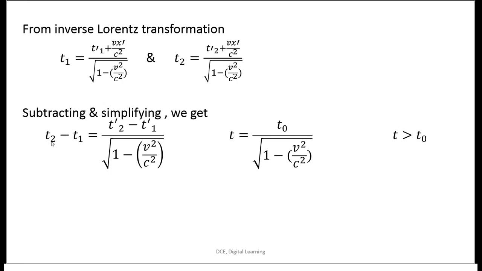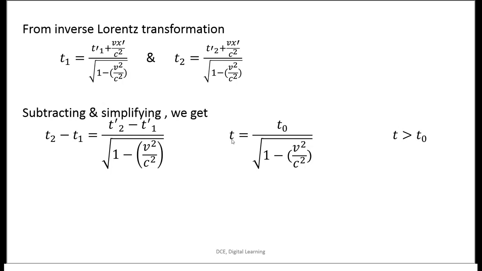Already it is mentioned that T2 minus T1 is equal to t, that is the time interval between the two events recorded by the observer in S frame, that is the improper time interval, and T0 is the time interval measured by the observer in the S prime frame, in which the clock is at rest with respect to that frame of reference.